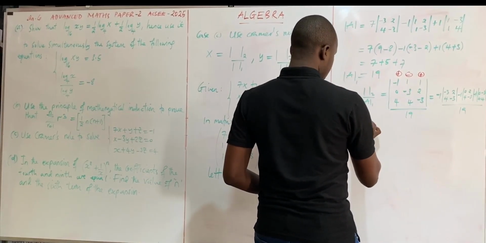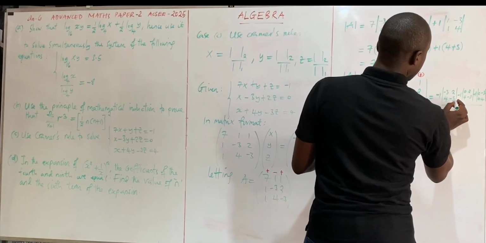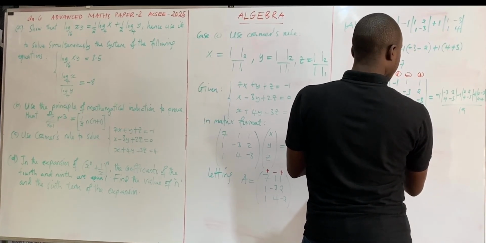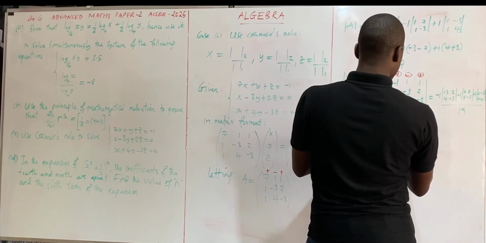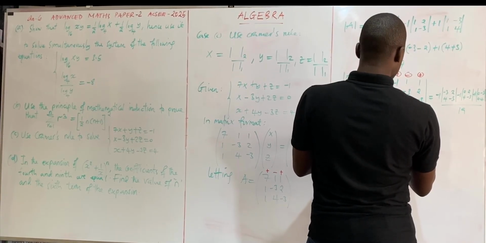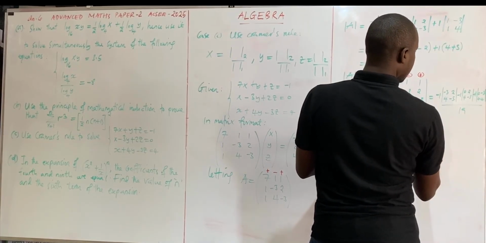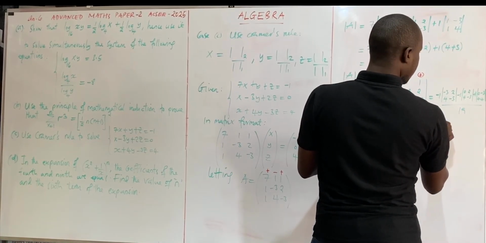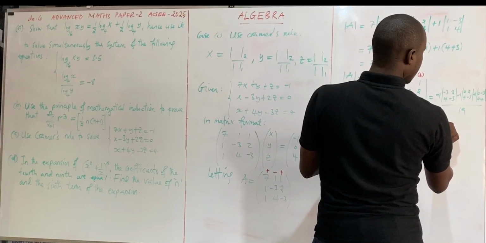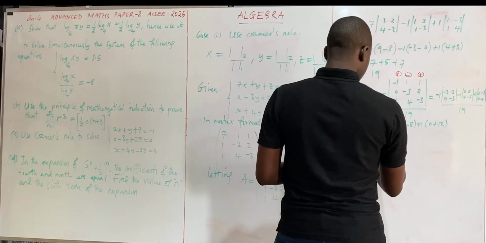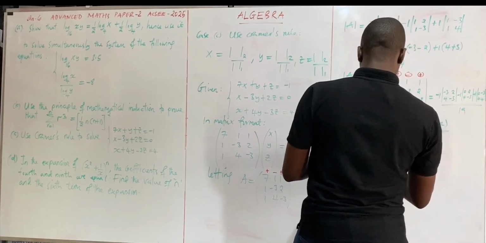So from there, now x becomes what? Here, it is -1 out. Then we get 9 minus 8. We minus 1 bracket, 0 minus 8. So we plus 1 bracket, 0 minus -12. That will be positive 12. All these divide by 19.